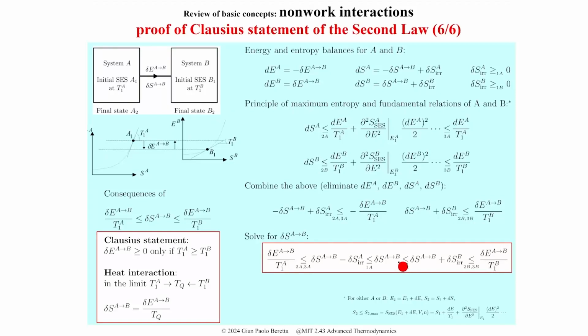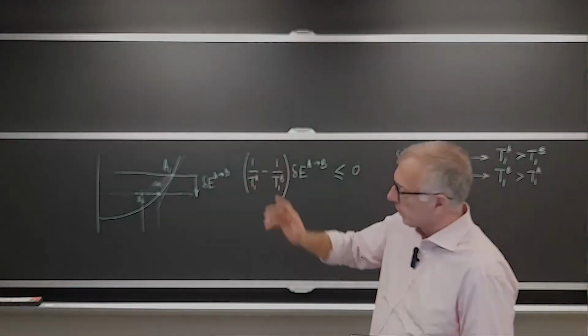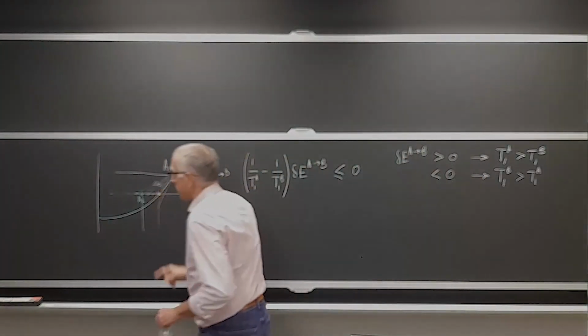And clearly, if the temperatures are positive, as they are for most systems, that entropy transfer occurs in the same direction as the energy transfer. So the sign of delta S, I mean, if this is positive, temperature is positive, so this is a positive number, and delta S must be greater than a positive number, so it's positive too. So I need also to transfer entropy, which is also the geometrical idea here.